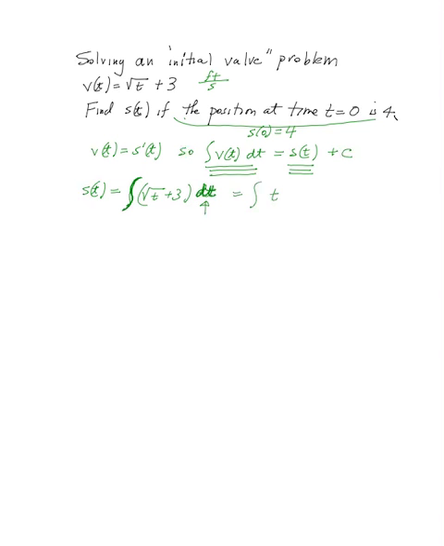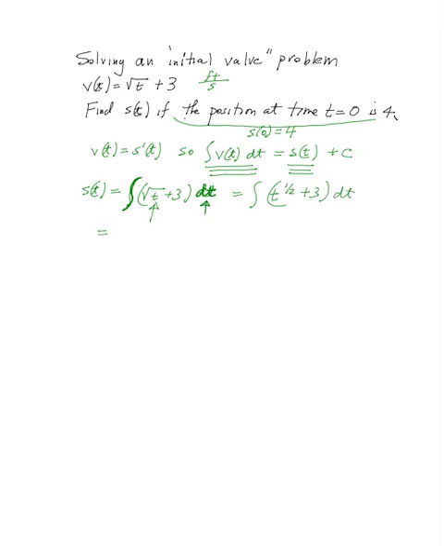I'm anti-differentiating t to the 1/2. And by the way, this variable tells us what the independent variable is, and it has to match the variable in the integrand. Square root of t is t to the 1/2, so I'm just rewriting the problem.